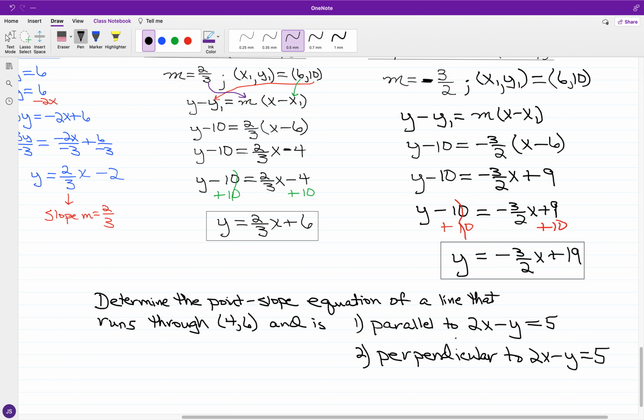So for the next few moments, let's see what these parallel and perpendicular lines are.